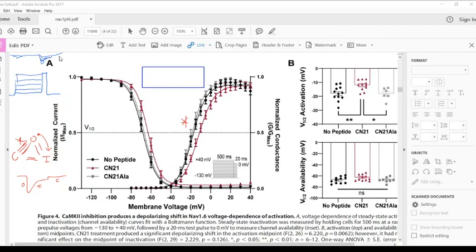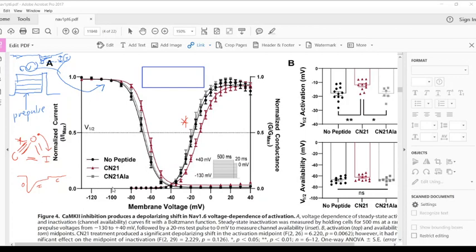So now what you do is you measure the size of the current here, so how big was the current, and then you measure the voltage here, and these two are this. So in other words, as your pre-pulse, if it's a very small one, minus 120, we get full-blown responses here.